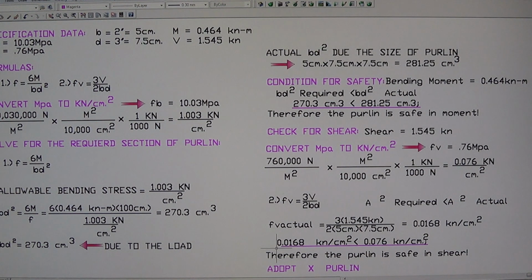So 0.0168 kilonewton per centimeter square is less than the allowable stress, which is 0.076. Okay, and since this is less than, therefore this size of purlin is capable of carrying the moment and the shear load, and therefore the purlin is safe and adopted.